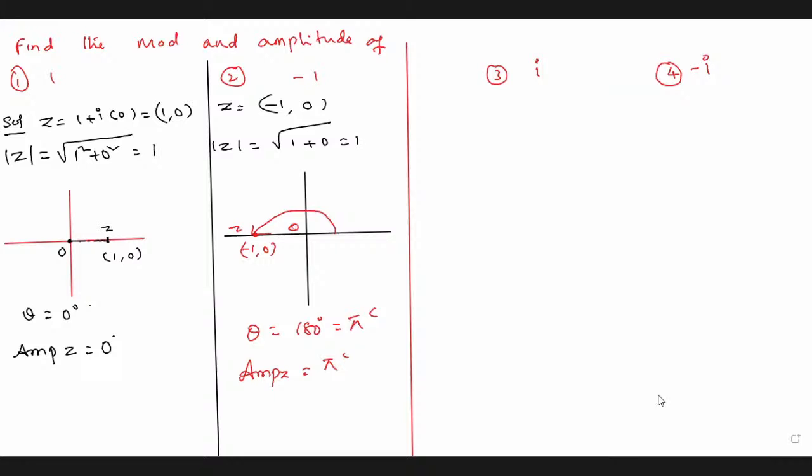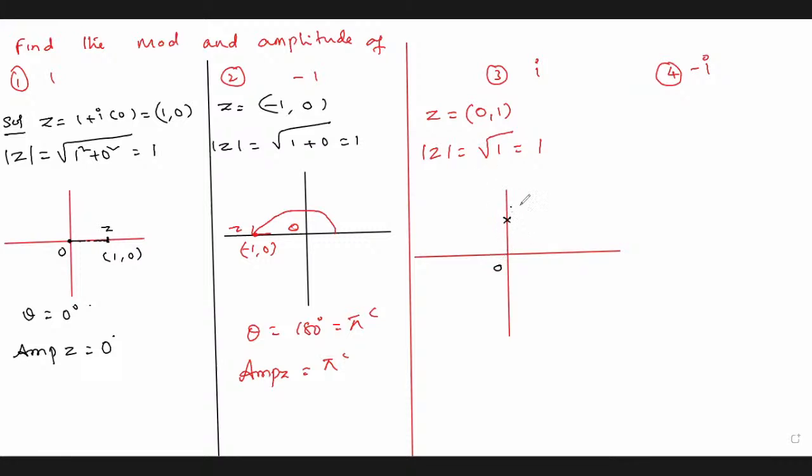Now let me consider z is equal to 0 comma 1. Mod z is equal to root 1, which is equal to 1. Now x value is 0, y value will be 1, so it is on the y axis.